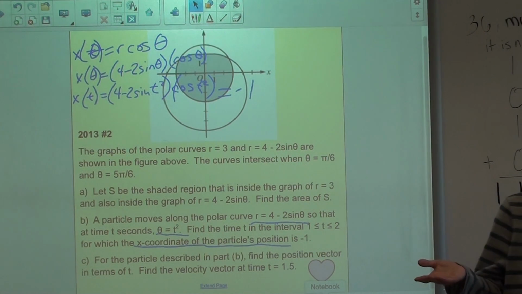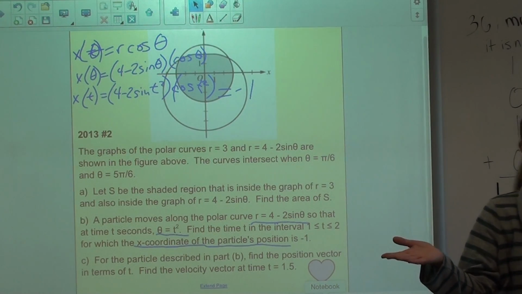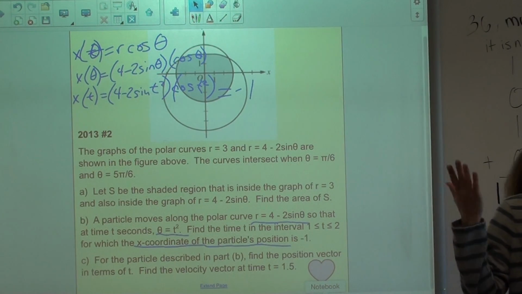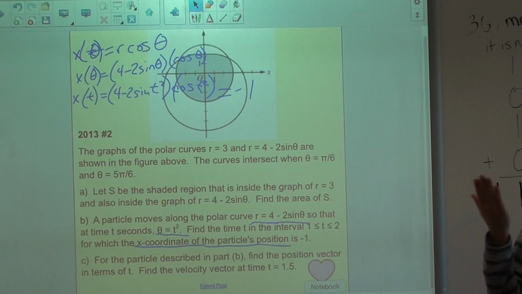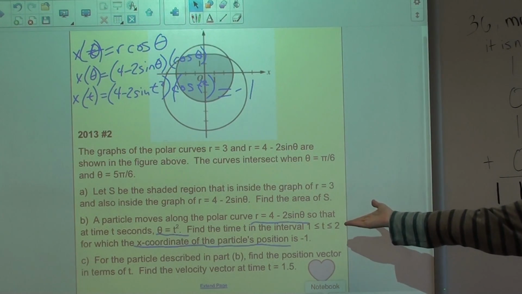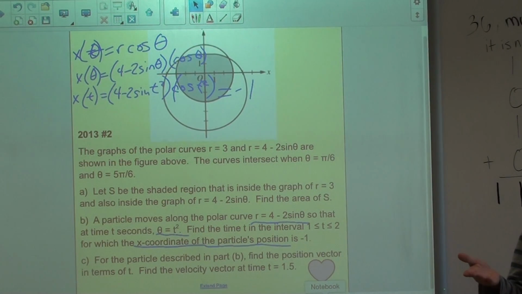A position vector is just x of t, y of t. You already have x of t, you just found it in part B. Now you need y of t using a similar process.